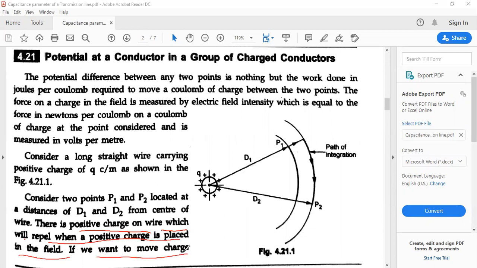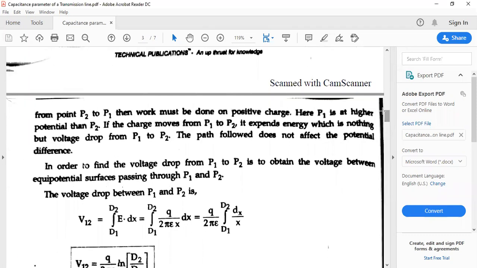So if you want to move that charge from P2 to P1, just imagine, then work must be done on the positive charge. So here P1 is at a higher potential than P2. If the charge is made to move from P1 to P2, it expends energy, which is nothing but the voltage drop from P1 to P2.